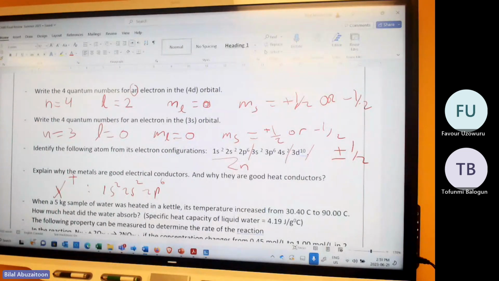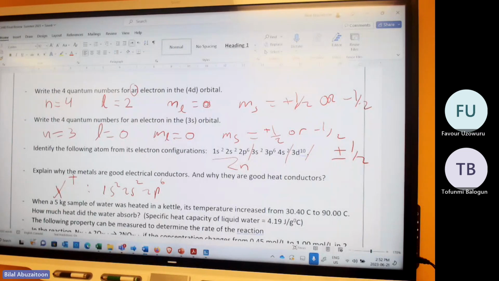Sam asked, if it's X plus, this is the electron configuration for X plus. So what is X? X plus means what? It lost one electron. So originally it was what? Now it's 10 after losing an electron, so originally it was 11, which is what?